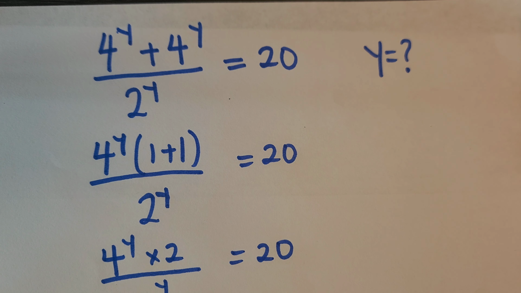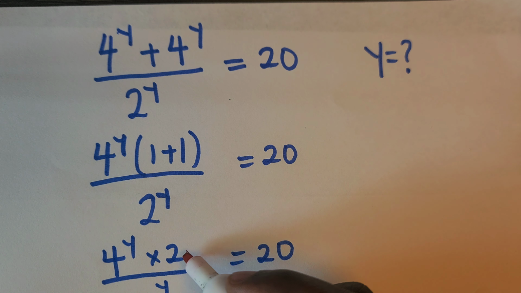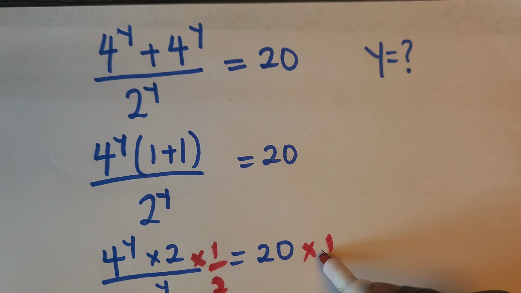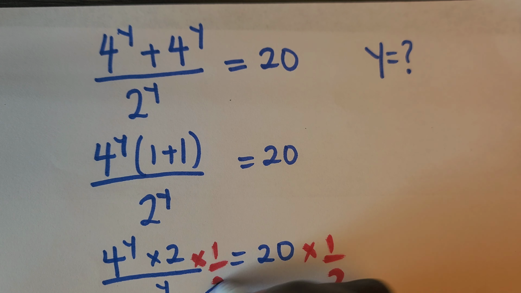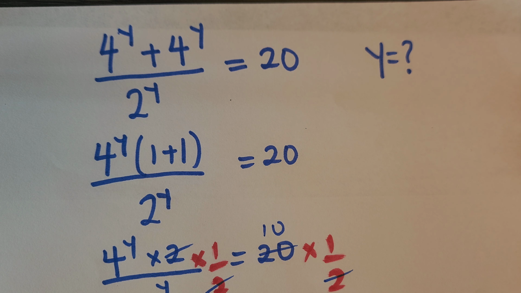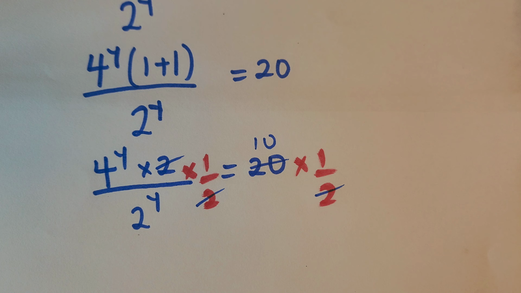What we've got to do here is multiply both sides by 1 over 2. If you do that, you can see that this 2 is going to cancel out this, and this 2 is going to divide this 20, in which we're going to get 10.